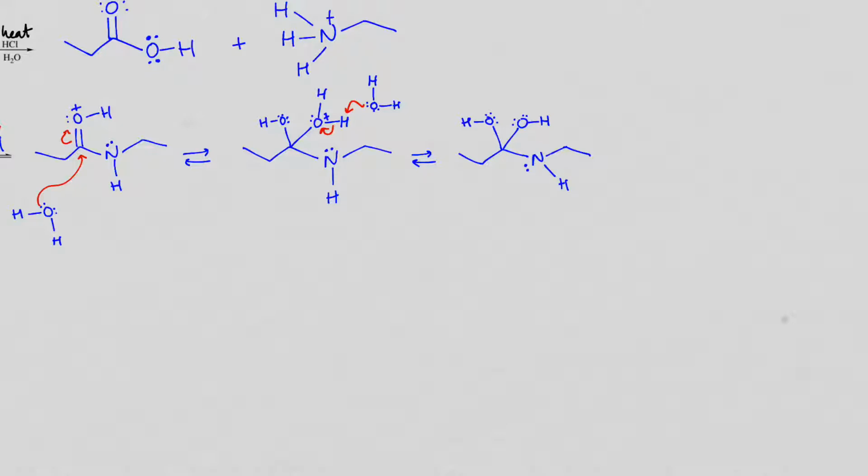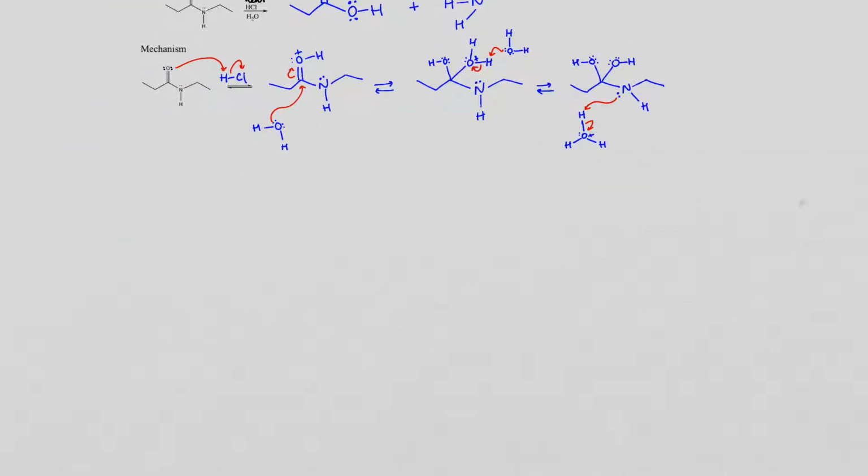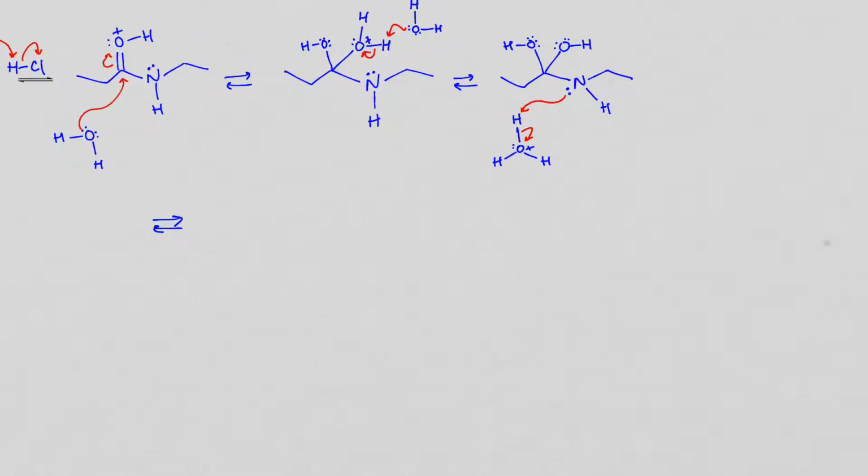So again, that H3O+ doesn't stick around for long. Gets taken care of by this lone pair on the nitrogen. Takes a proton right off. Actually, I'm going to move those arrows down just a little bit so we can see what we're doing and not run into other parts of the reaction.